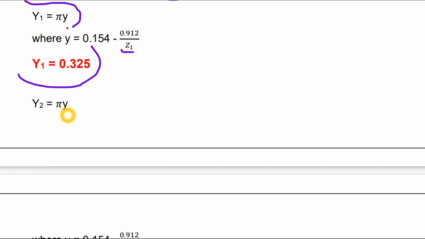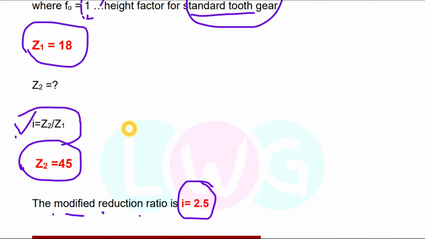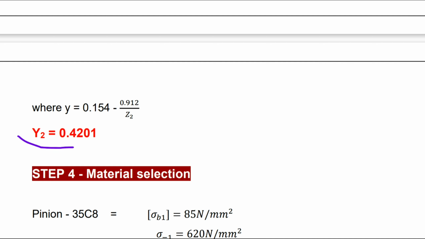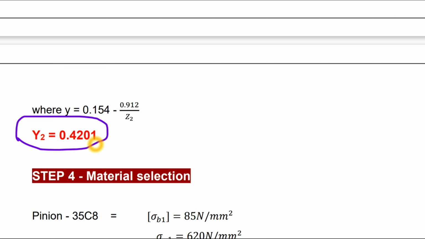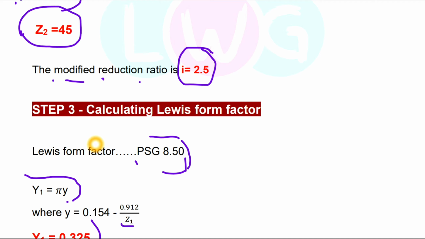Y2 is equal to pi small y, where small y is equal to 0.154 minus 0.912 upon Z2. The Z2 value will be 45, and after solving we get the value for the gear, which is Y2 equal to 0.4201. So in step number 3 we find the Lewis form factor for the pinion as well as the gear.